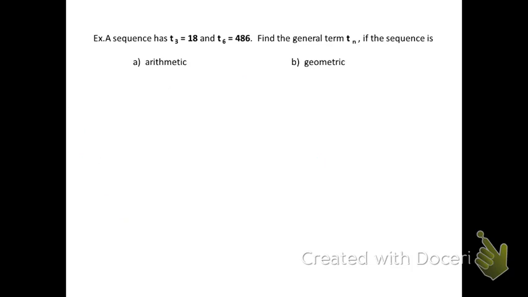And now we want to look at the same question, but this time, what if it's geometric? So if it's geometric, we're using t subscript n equals a times r to the n minus 1.